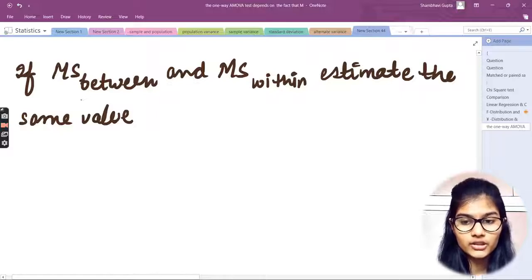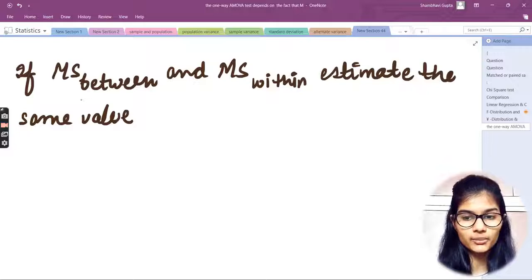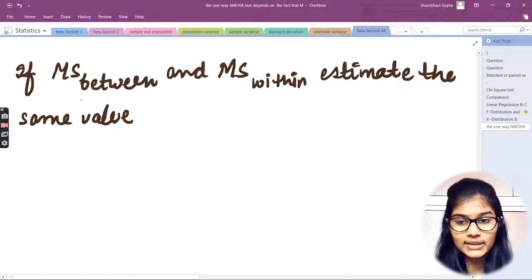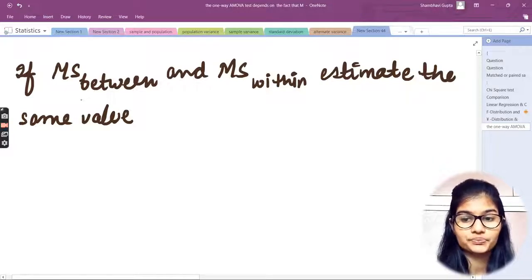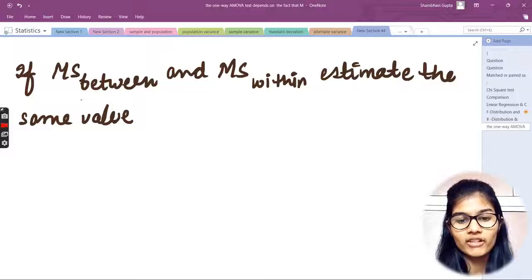When can this be done actually? It can be done in the case when we believe that H0 is true. H0 basically means my null hypothesis. So whenever my null hypothesis is true, MS between and MS within estimate the same value, right?